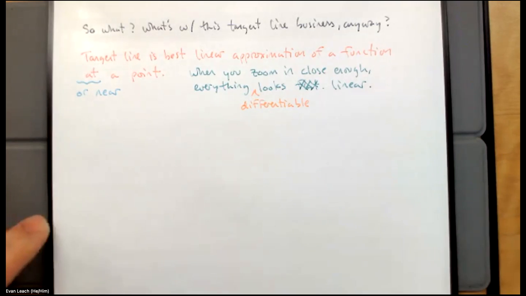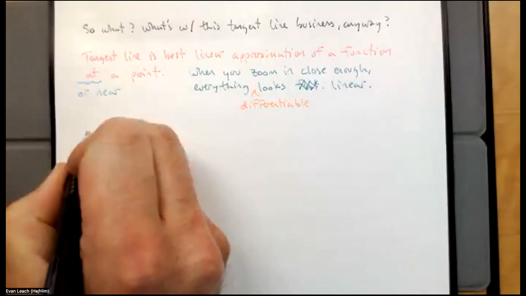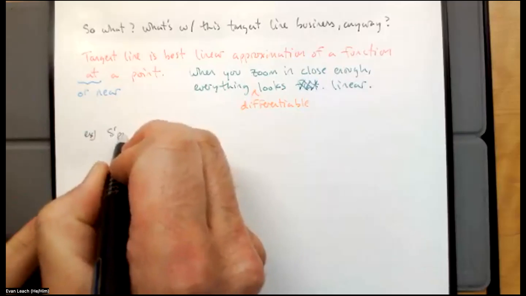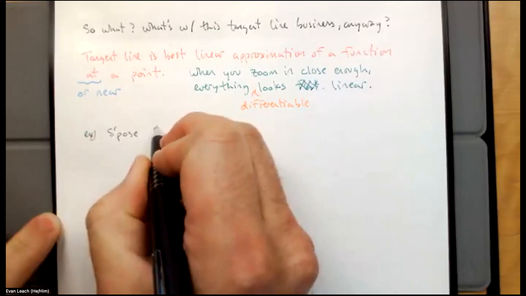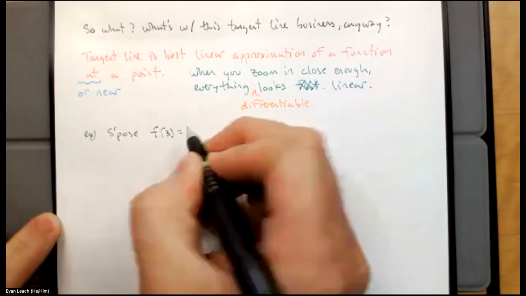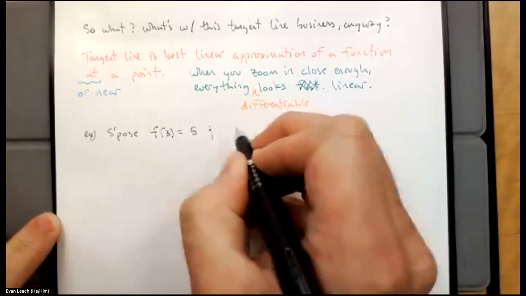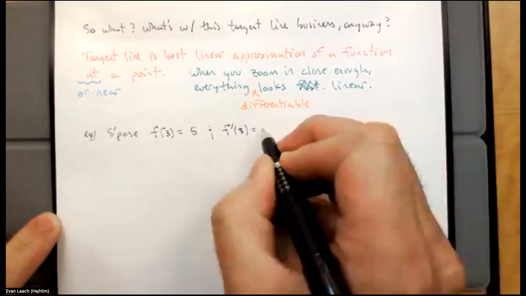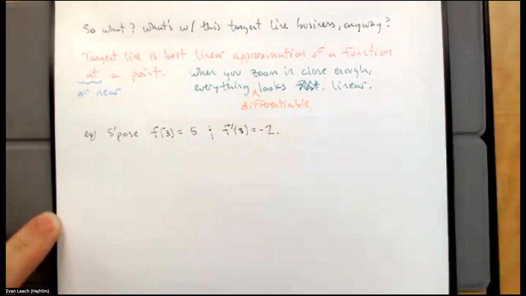Let's talk about a different style of function. Let's suppose that I give you some weird information. Suppose f of 3 is equal to 5 and f prime of 3 is equal to -2.